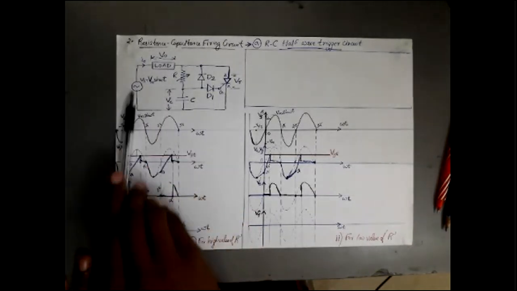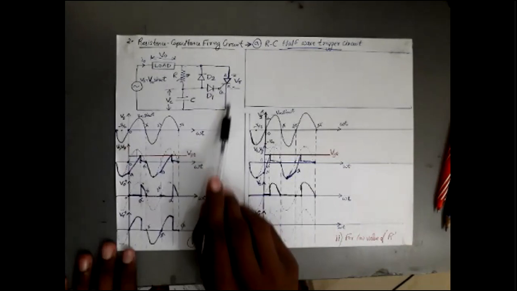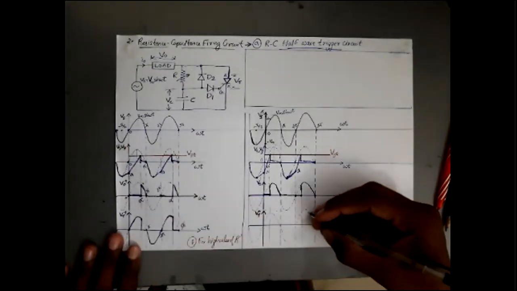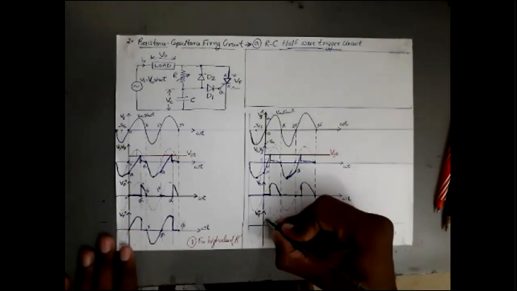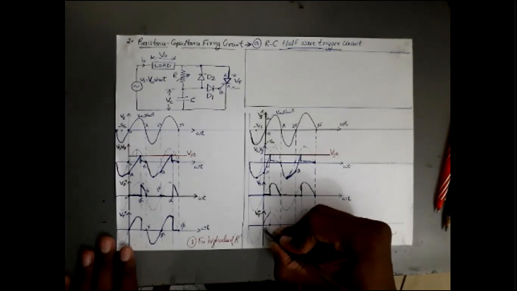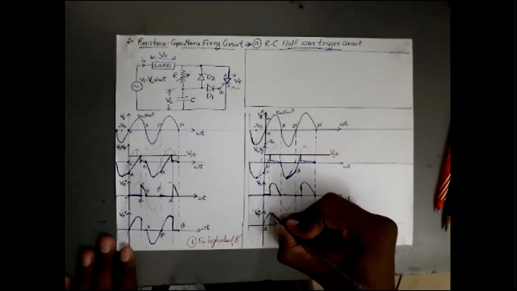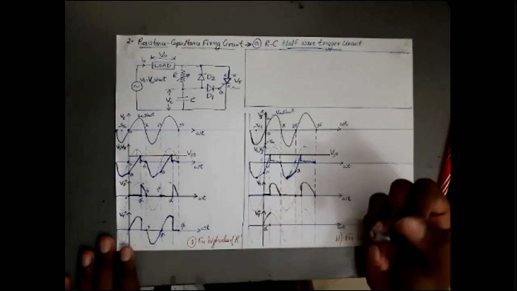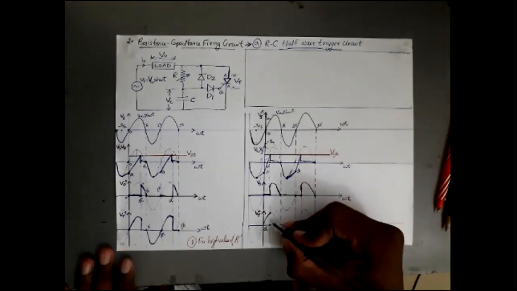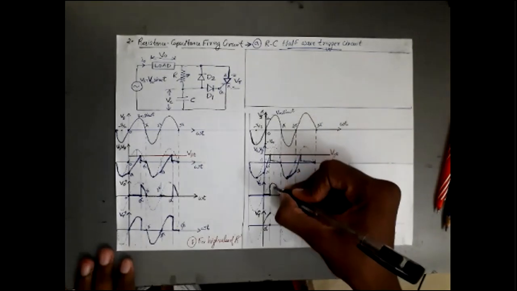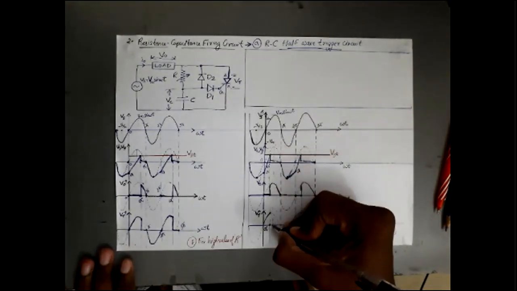So whatever the applied voltage is, that will come across my Vt. So the thyristor voltage will be equal to Vs until it is triggered. So till omega t is equal to alpha, my Vt will take the path of Vs. Okay, and at omega t is equal to alpha, and that alpha value is less than 90 degree, keep that in mind.